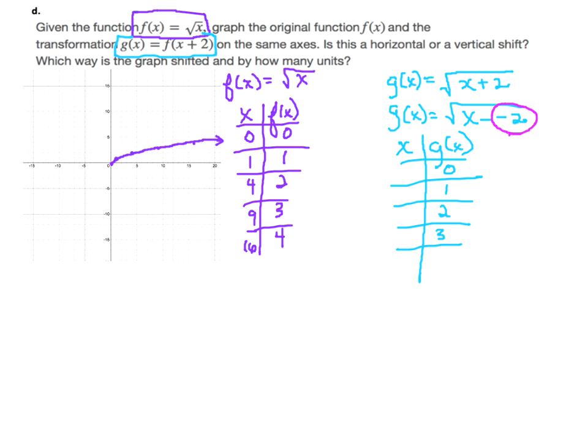Nothing changes about my outputs: 0, 1, 2, 3, 4. I start with my input values of 0, 1, 4, 9, and 16. And from each of those, I subtract 2.